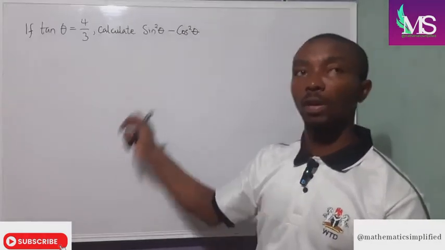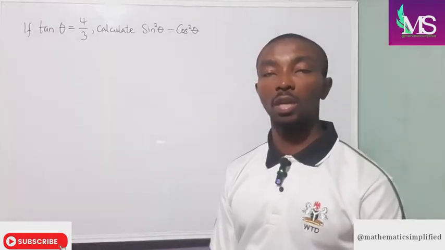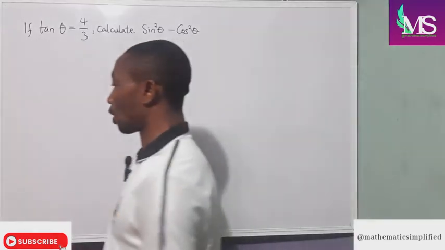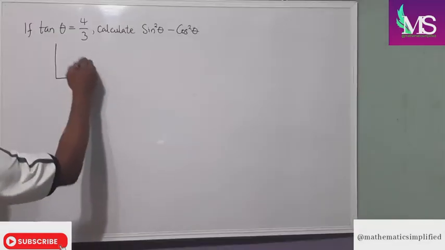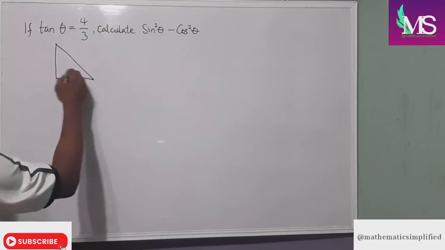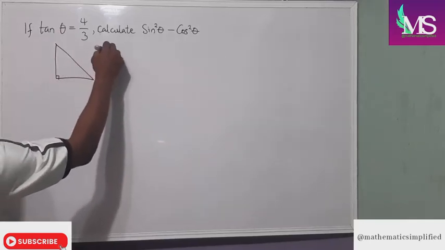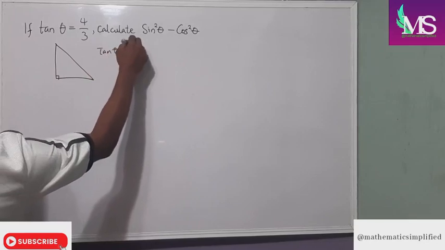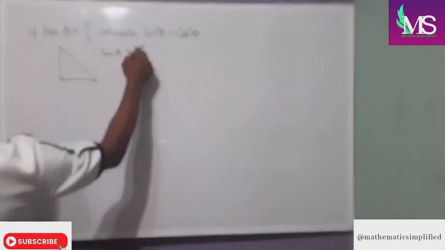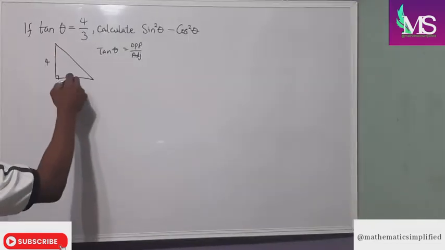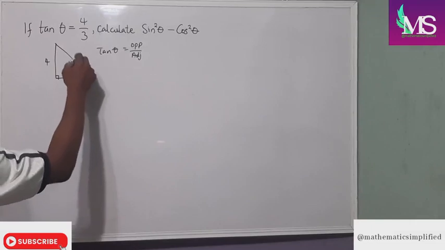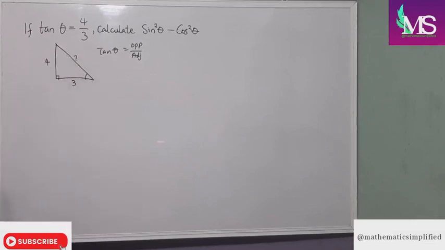So we need to find out what our hypotenuse is from our right angle triangle. Now, our opposite is 4 and adjacent is 3. So we need to find our hypotenuse.